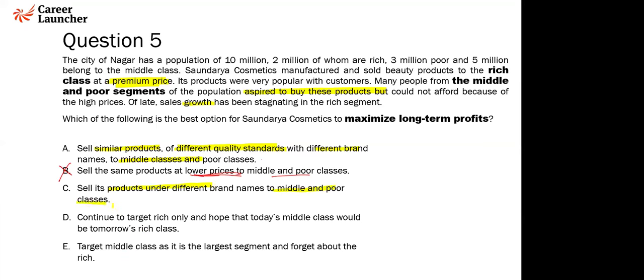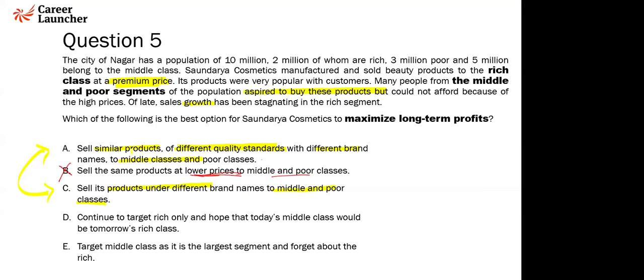Okay. Now, what's the difference between choice A and C? Quality. Quality is changing. Okay. Between A and C, it says sell the product under different brand names to middle and poor.